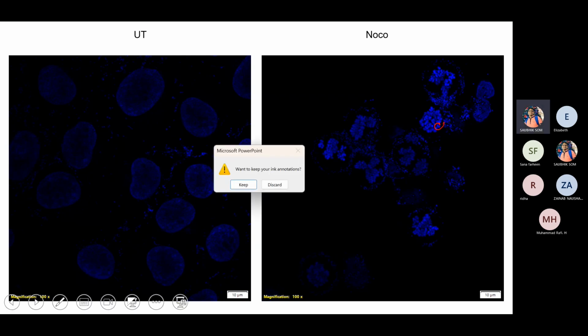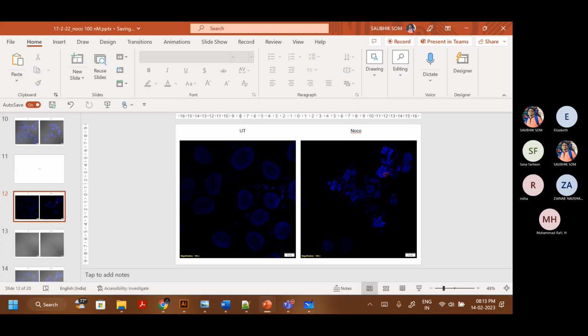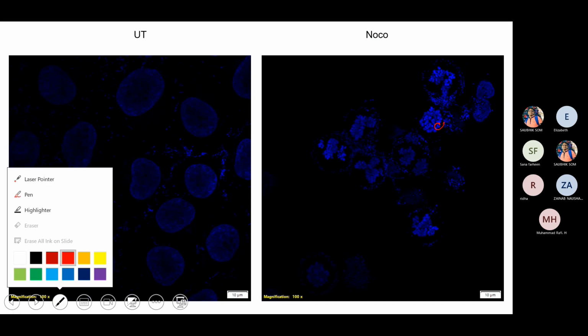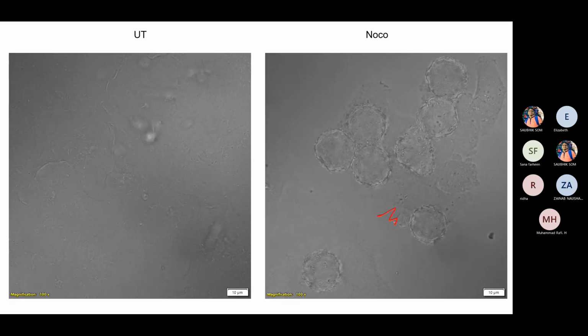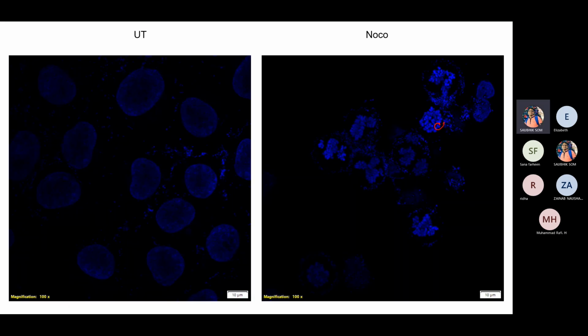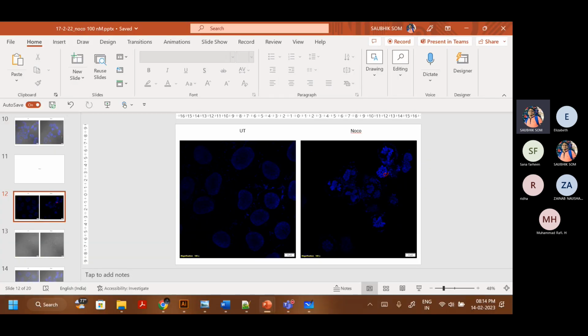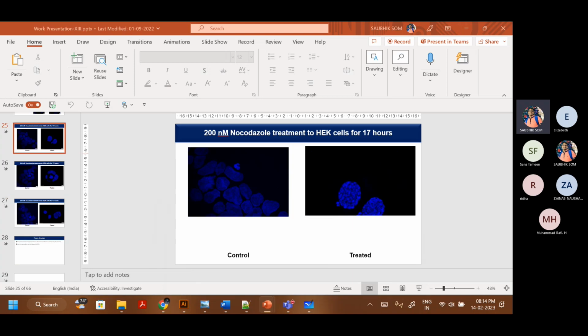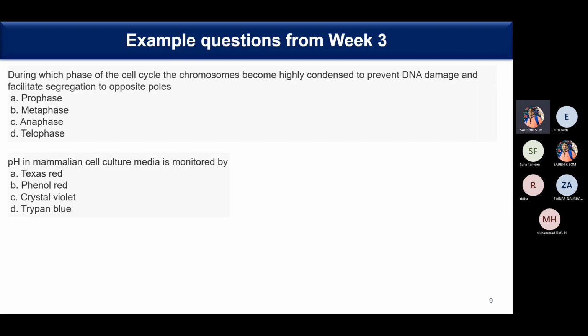So at metaphase, DNA gets very tightly constricted.